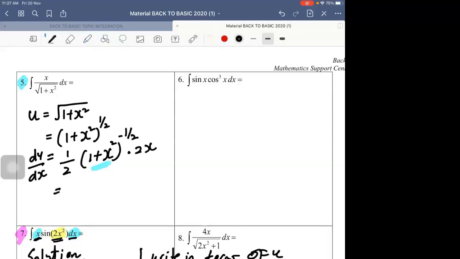So, if I simplify, I can cancel this with this. So I should have x here.